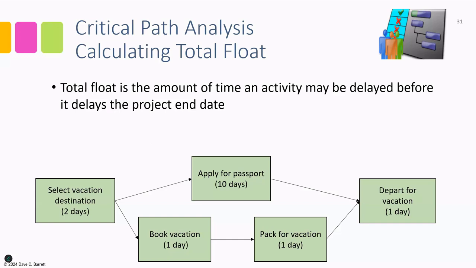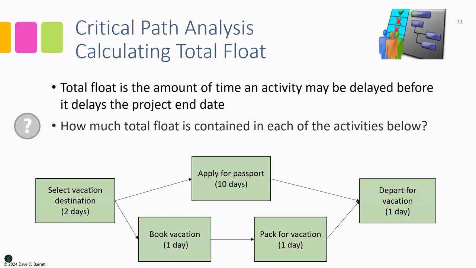That is, we do not want it to be extended. So now what we need to figure out is, if any of these activities are delayed, does it push out our 13 days? So what we need to figure out is how much total float is contained in the activities below.